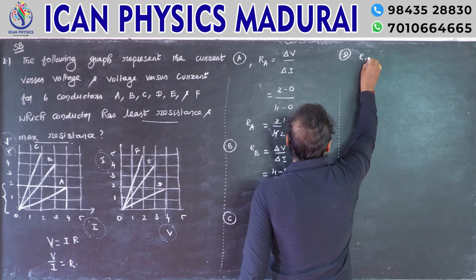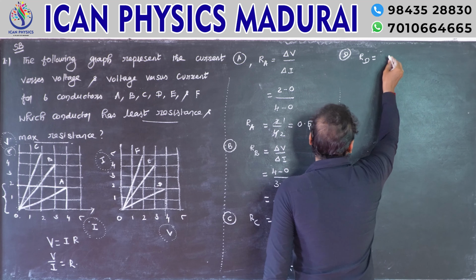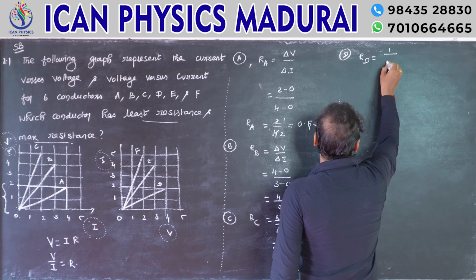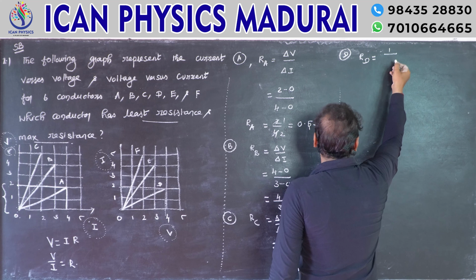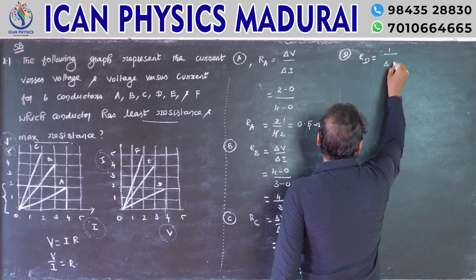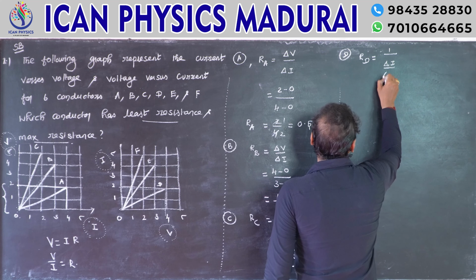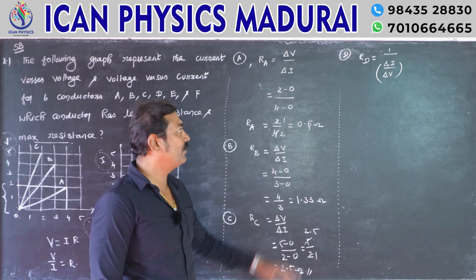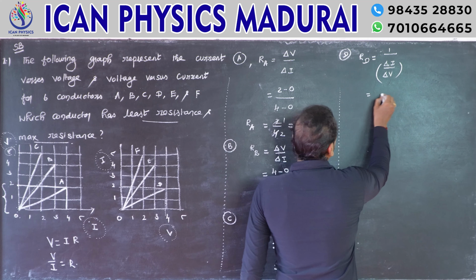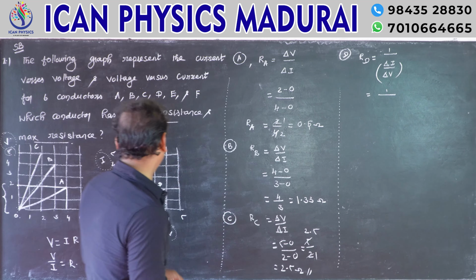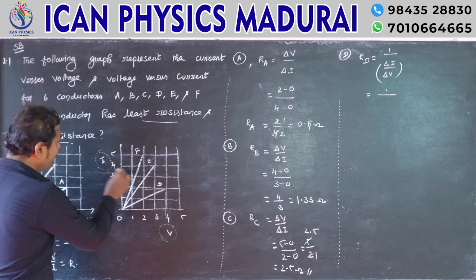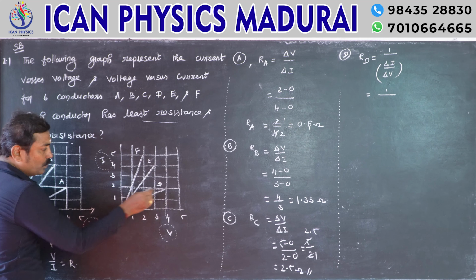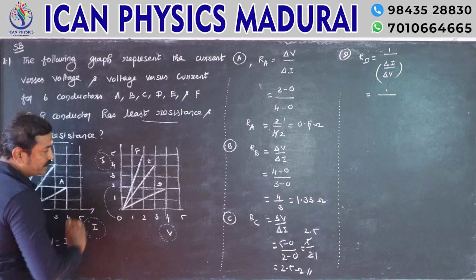So what is the formula? RD equal to 1 by the reciprocal of resistance. What is the reciprocal of resistance? Or y-axis by x-axis. That is delta I by delta V. Okay. So what is delta I? For D, current is taken along the y-axis, so it will be 2, and the initial one is 0.